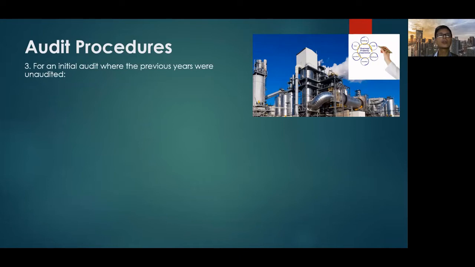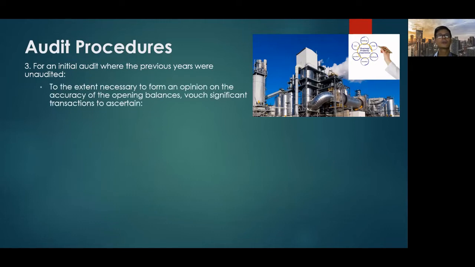Okay, and then number 3 is for an initial audit where the previous years were unaudited: to the extent necessary to form an opinion on the accuracy of the opening balances, vouch significant transactions to a certain authorization. Again, the authorization. If this is an initial audit where there was no audit in previous years, look at the authorization as far as ownership is concerned.